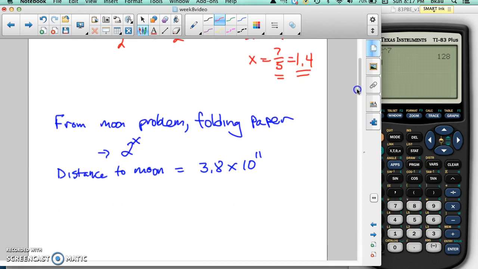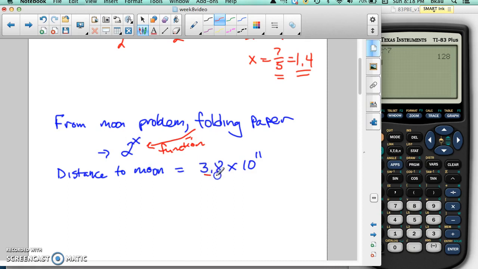In this first one, we're going to go back to the moon problem where we found out it took about 39 folds, I believe, to get to the moon on the paper. We're going to do that problem using our properties of logarithms. Remember that the paper folding has a function of 2 to the x, so that every time we folded the paper it doubled.